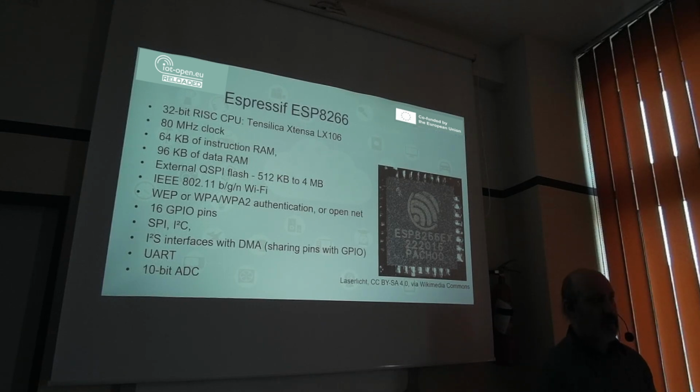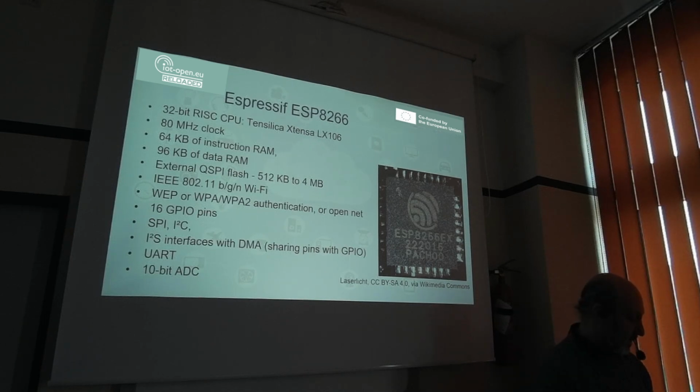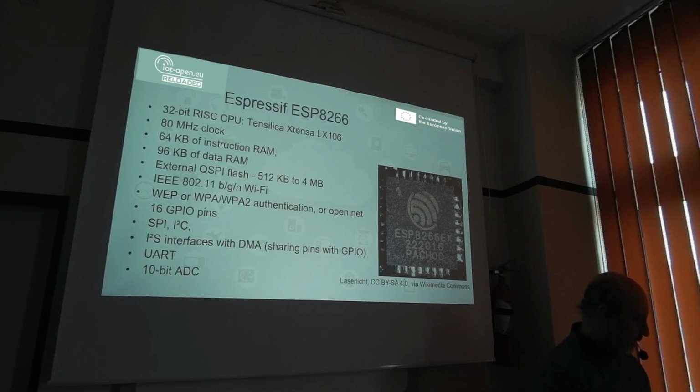The first member of the family was ESP8266. First popular was this one with 80 megahertz of clock, 64 kilobytes of instruction RAM, because it executes instructions after fetching them from external flash to internal RAM. 96 kilobytes of RAM for data, up to 4 megabytes of the external program memory connected using quad SPI.